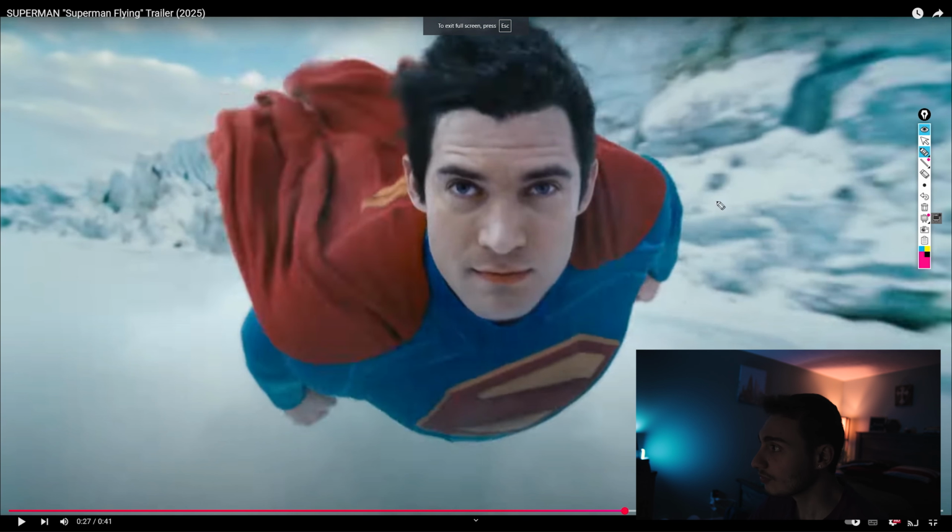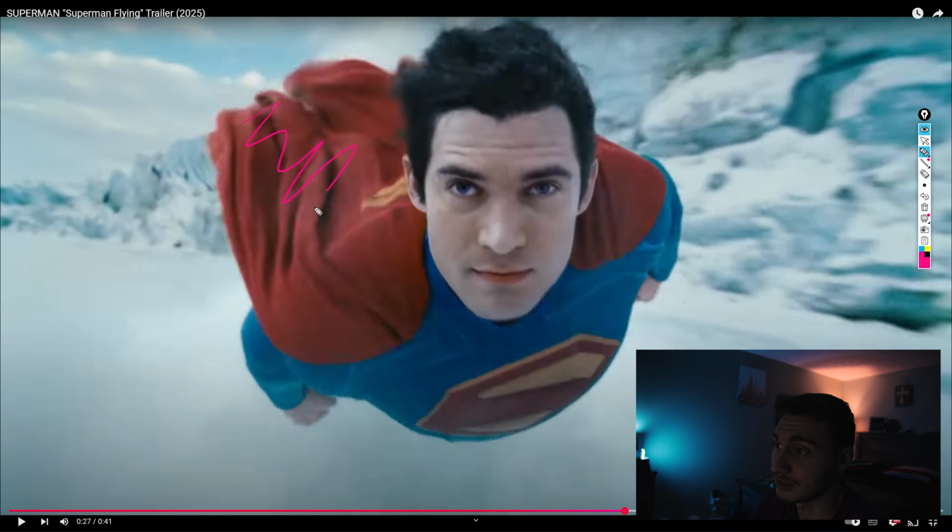So, besides the fact that I do believe there's some set extension right here, because most likely, they're not gonna shoot this in the real snow, so either they are in a sound stage or something else, I do believe there's some sort of visual effects going on.